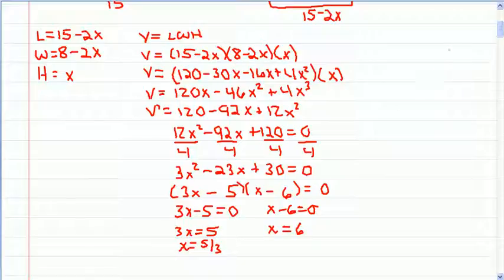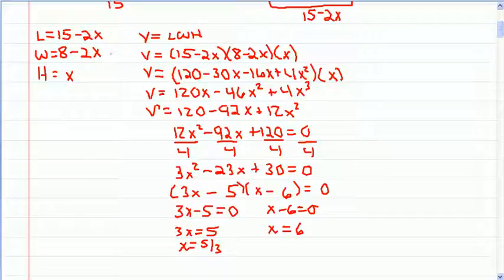So if I go back to the length, width, and height, if x is equal to 6, then the length, 15 minus 12, would be 3, but the width, 8 minus 12, would be negative 4.